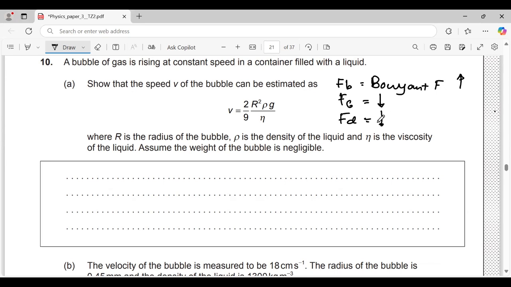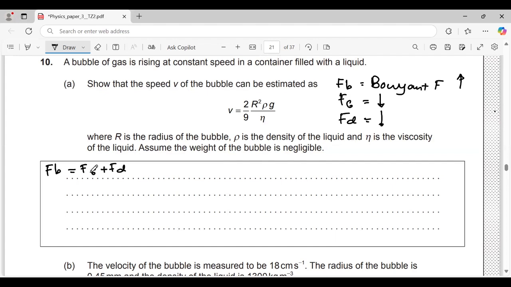Okay. Now, we can state there are three forces in an equation, and the equation is Fb equals Fg plus Fd. Right. For simplicity, we assume that the weight of the gas bubble is negligible.